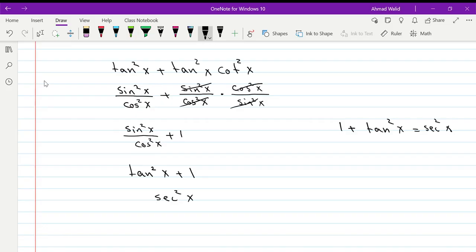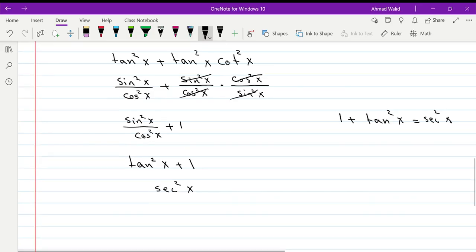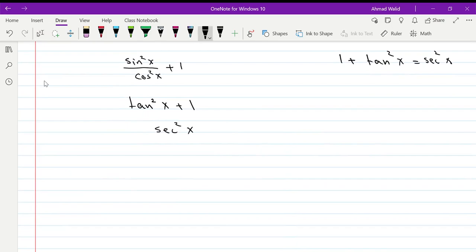And secant is the reciprocal of cosine, correct? Then I can write this as 1 over cosine squared x. Correct?